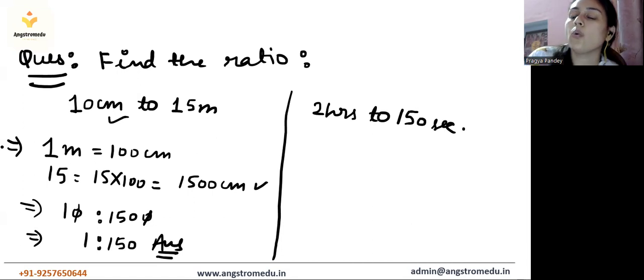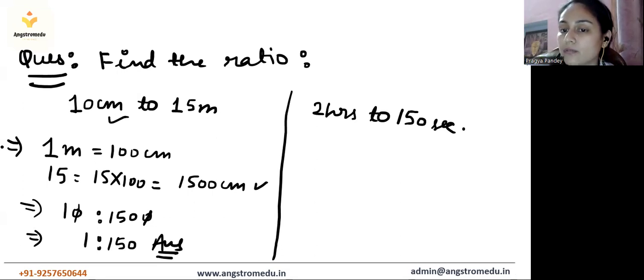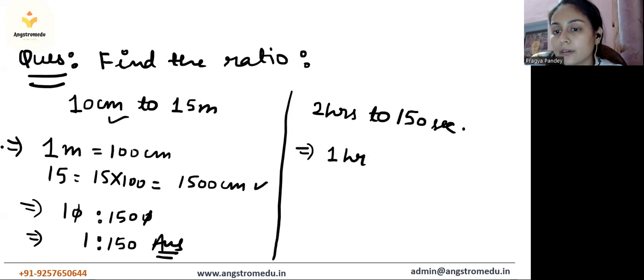All right. So now we can convert hours to seconds, or we can also convert seconds to hours. But the easiest and simplest way to solve this question will be to convert hours to seconds. So we know that 1 hour is equal to how many minutes? 60 minutes.